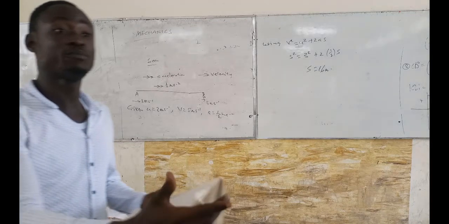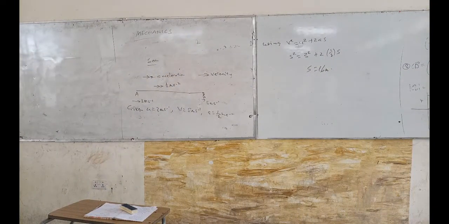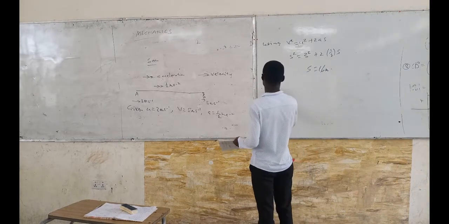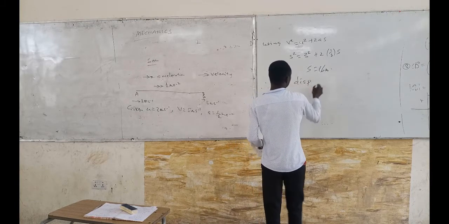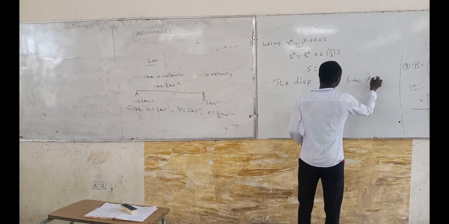The displacement of B from A. So if you want to draw conclusion, what is the best way? Therefore, the displacement of B from A is 16 meters. Perfect. That's all. So therefore, the displacement of B from A is 16 meters.